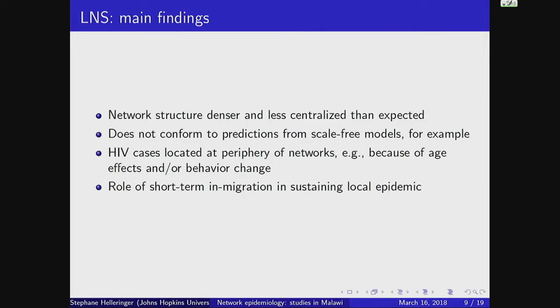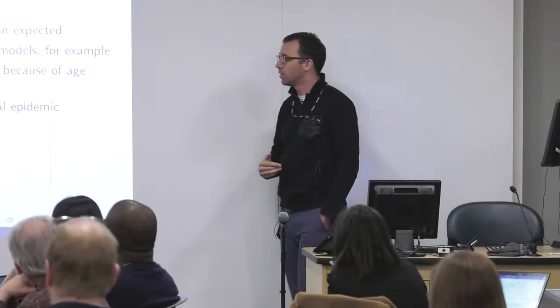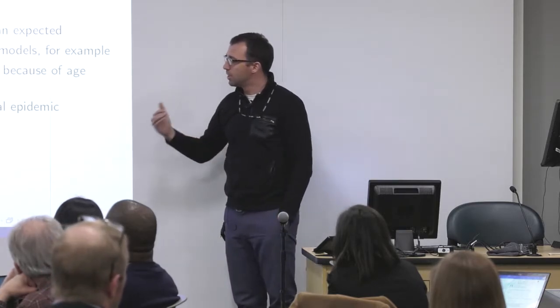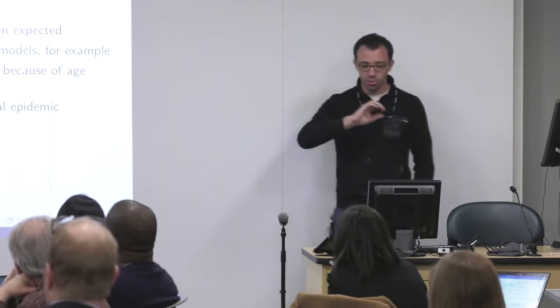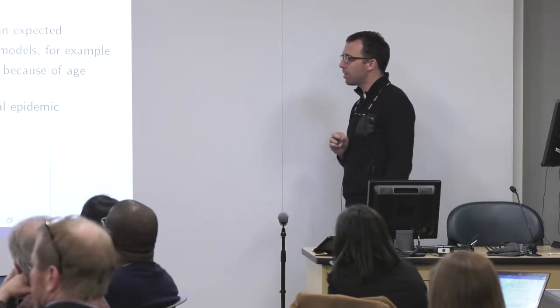So people may become infected at the time they are in fact in this component, and then over time they drift out of the component because they age or because their health declines, and so the long-term HIV cases tend to be located on the periphery of those networks, and also a certain degree of behavior change. So throughout the period, the incidence had been declining in Lyamba, and declining incidence is associated very often with this type of distribution of the cases around the network rather than at its core.